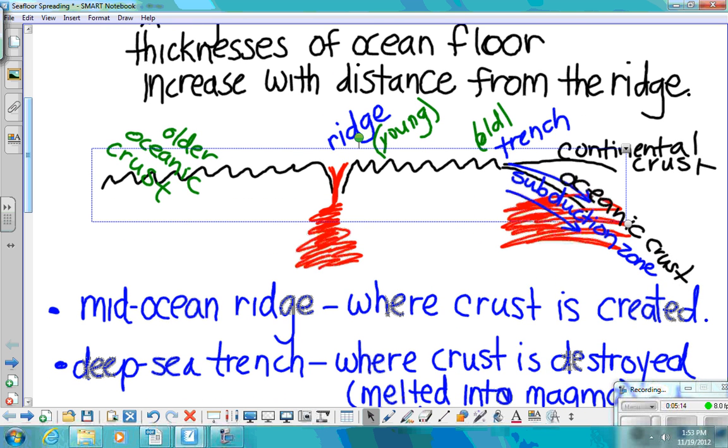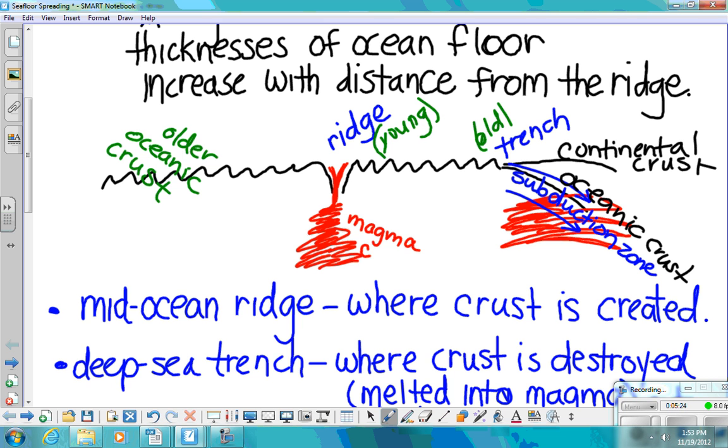I have an illustration here too that I'd like you to draw. Here we have magma, and it's usually stored in what we call a magma chamber. But as seafloor spreads apart, there's a divergent boundary here.